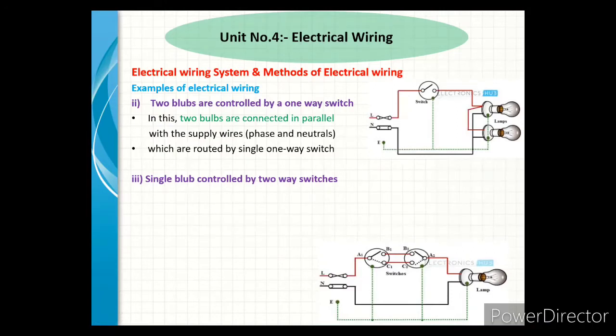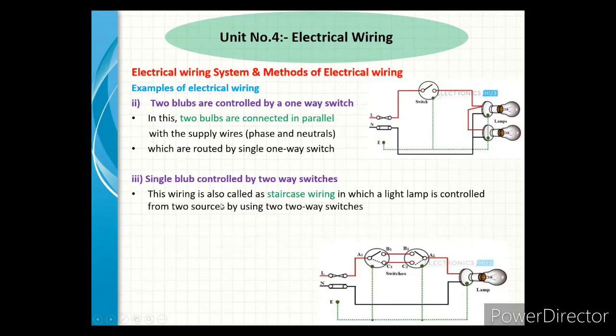The A1 of the first switch is connected to the line wire, and the A2 of the second switch is directly connected to the positive terminal of the bulb, and the negative terminal of the bulb is directly connected to the neutral connection.